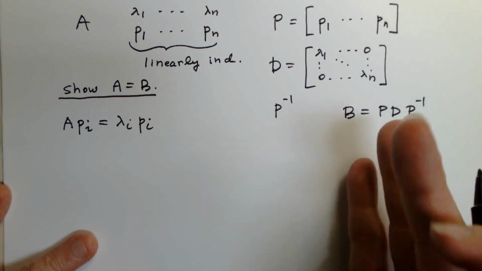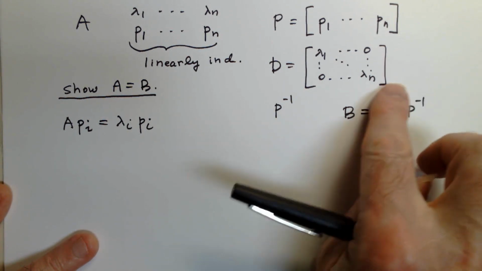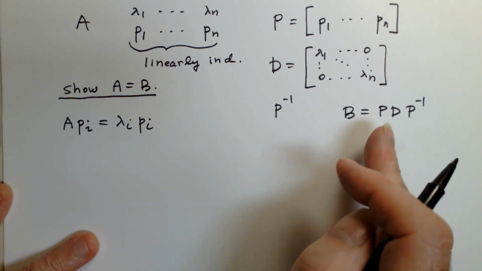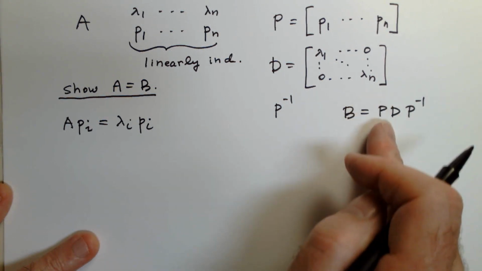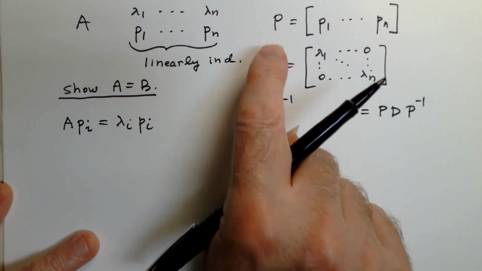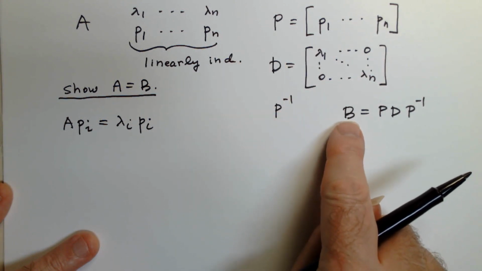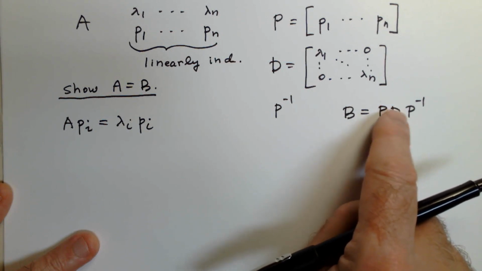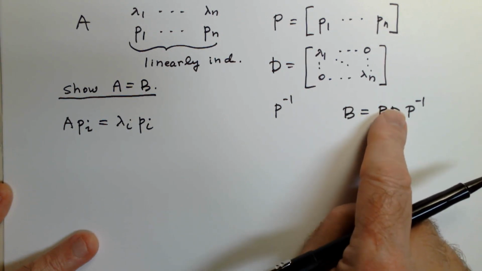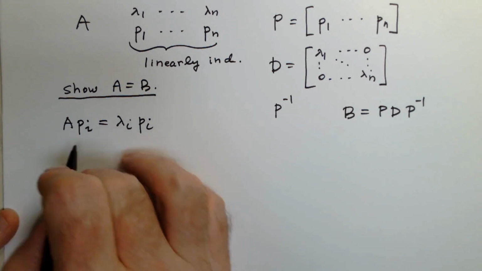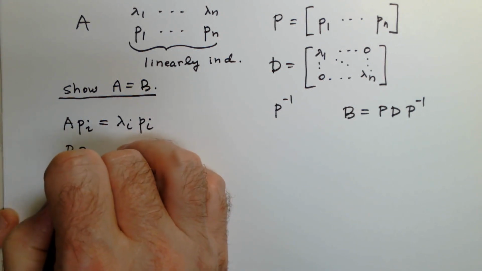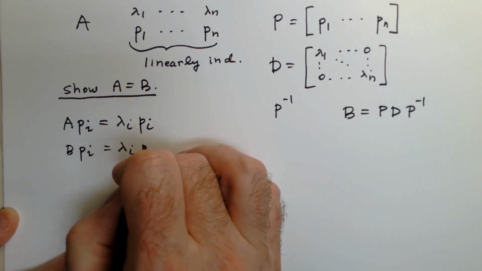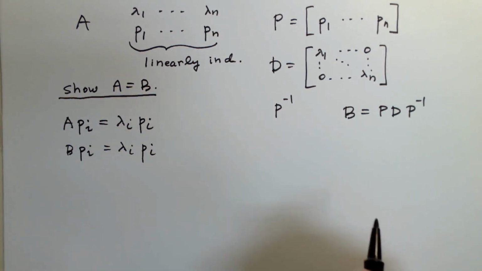On the other hand, we know from our previous work that anytime I have a matrix in this diagonal form, the ith column of this matrix P is in fact an eigenvector for this matrix B, with an eigenvalue that's correspondingly in the ith row or the ith column of this matrix D. So we also know that B applied to P sub i is also equal to lambda i times P sub i.